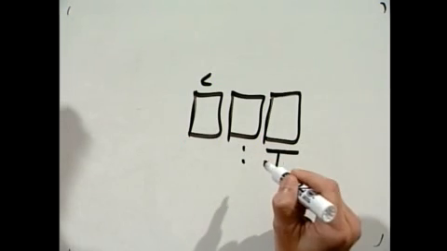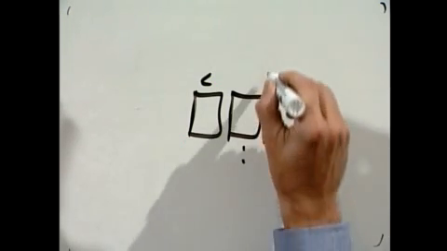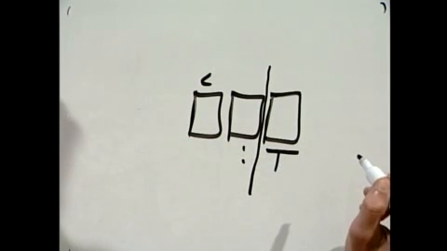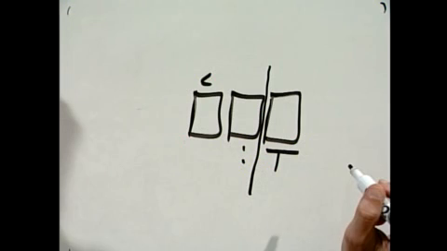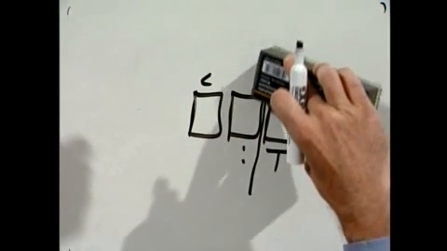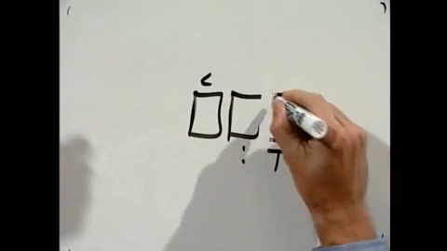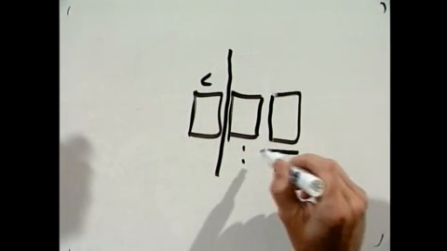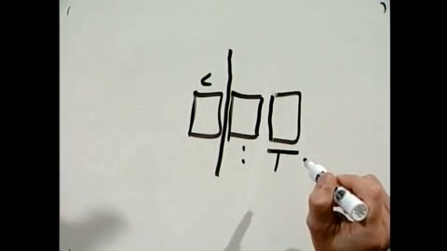You could read the schwa as vocal, in which case the T sign here is in an open syllable, and being an open syllable, we'd have to read that as a long Qames. If, on the other hand, the schwa is considered a silent schwa, then of course we would make the division here. And now the Qames would be in a closed, unaccented syllable, and therefore we would read this as a Qames-Hatuf, a short O sound. Okay, so that's the problem we have.